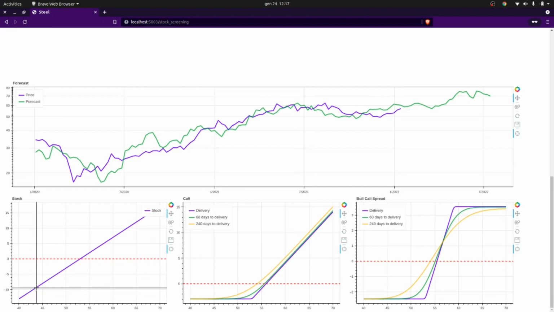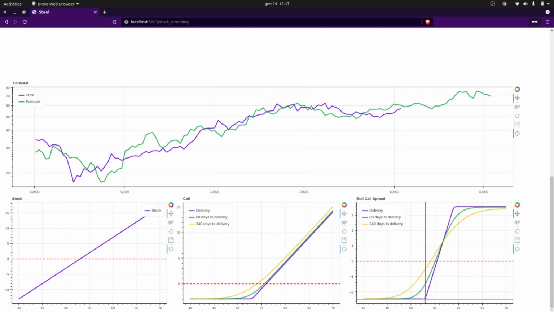Therefore, there are smarter strategies like buying a call option, and we gain if the price rises, but we accept a minimum loss. Therefore, the losses are bounded. There are even more elaborate strategies like the bull call spread.